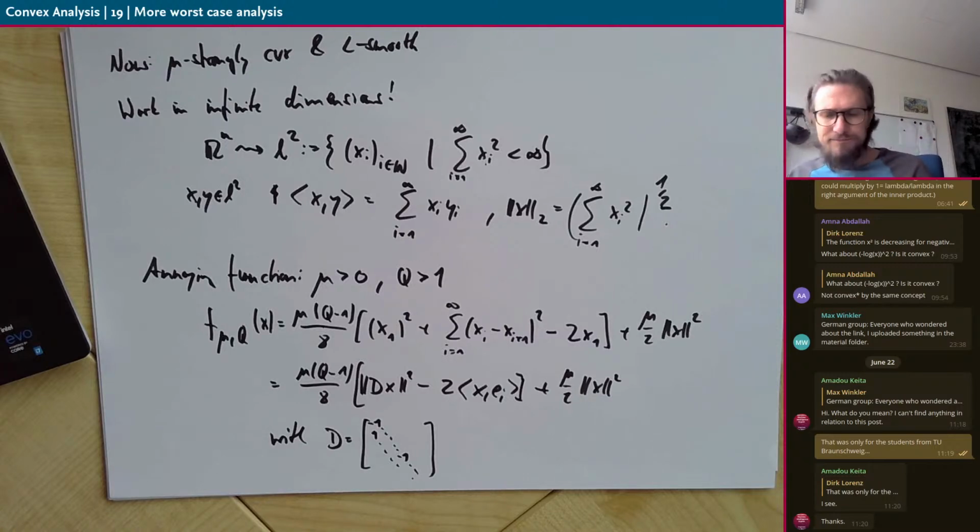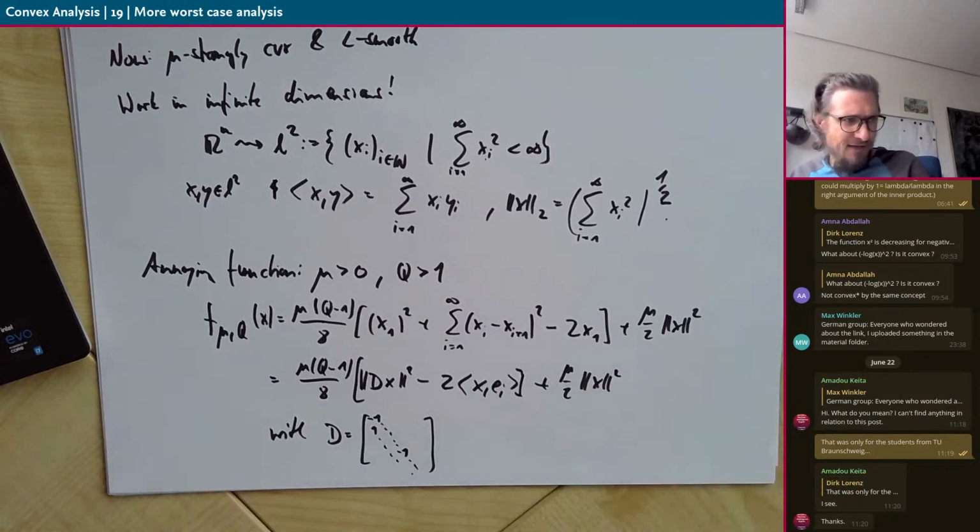Okay, good. So let's see that this function is bad. There are a lot of computations again.